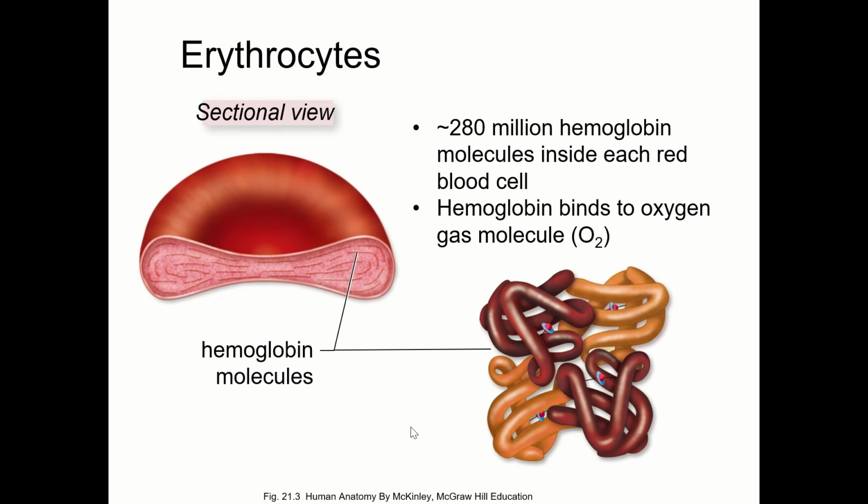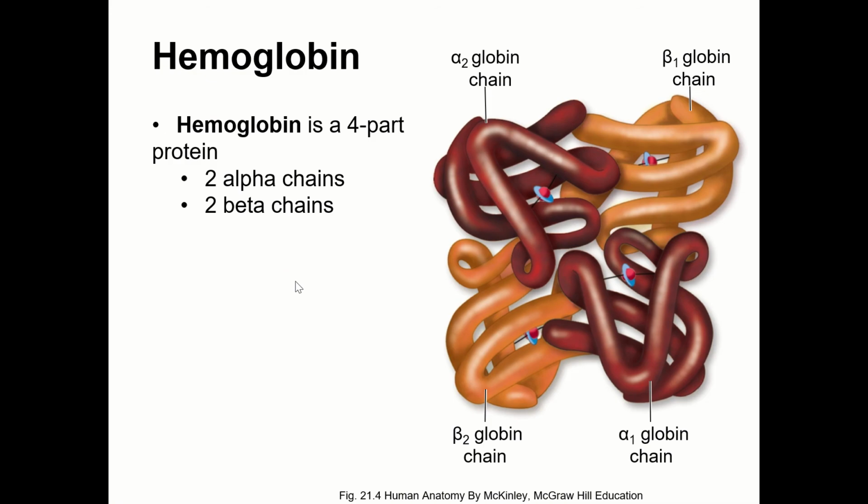The hemoglobin molecule looks like this. And these little lines in here are showing all of the hemoglobin molecules within this cell. The hemoglobin molecule is the thing that actually binds to the oxygen molecule. And remember, we're talking about O2, oxygen gas, okay? So the hemoglobin are actually carrying the oxygen gas inside the red blood cells.